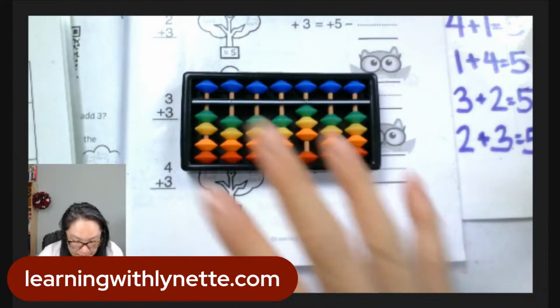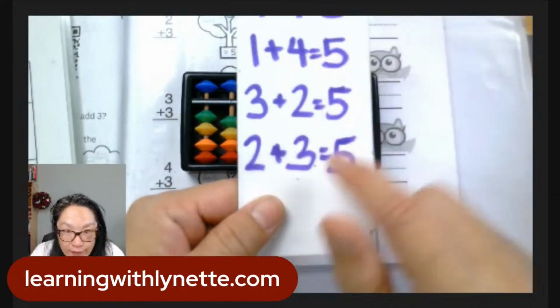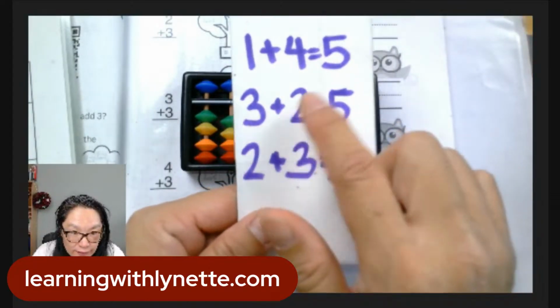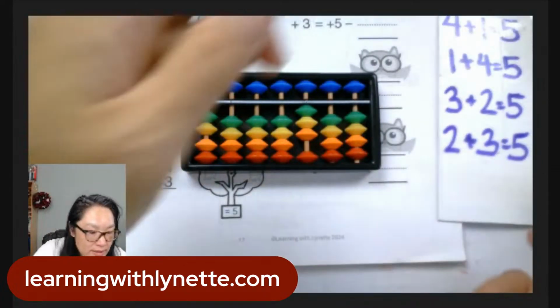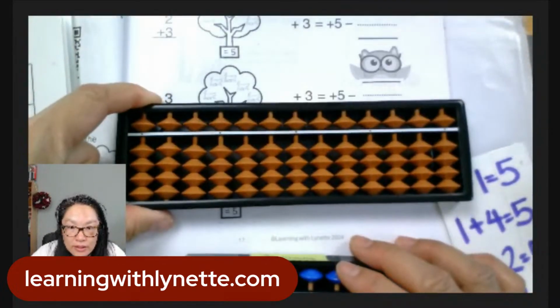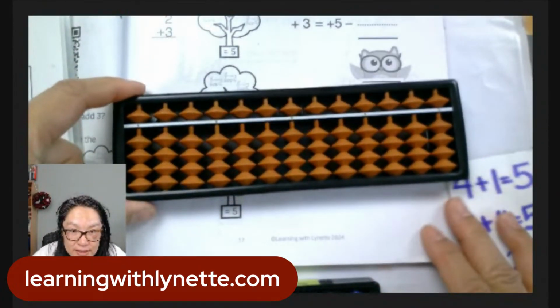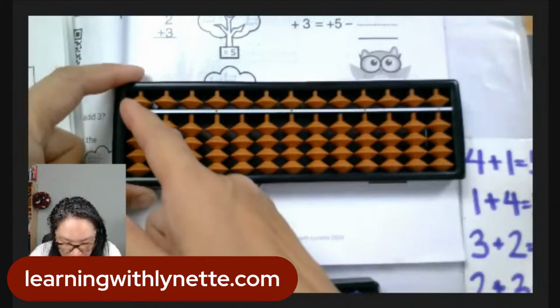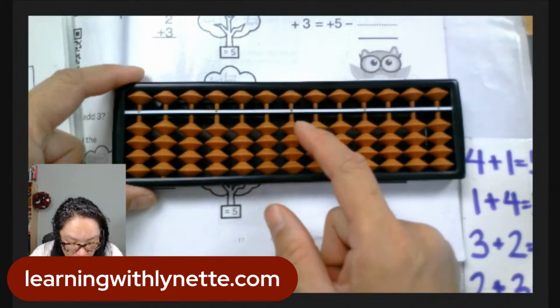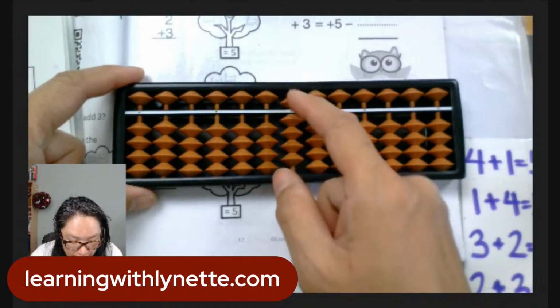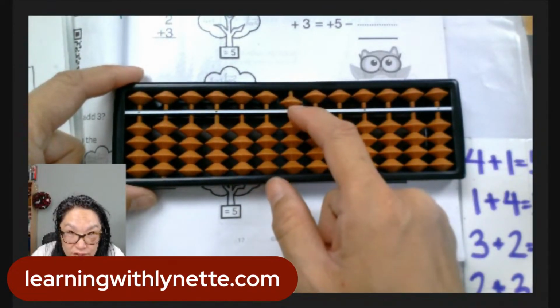Because we're still in the process of making a 5, but now we're doing different ones. Does the color matter? No, it doesn't. It doesn't matter. It's all about positioning. So we do 5, we do 1, 2, 3, 4, and then 5. This is 5. The top bead touches the horizontal bar.